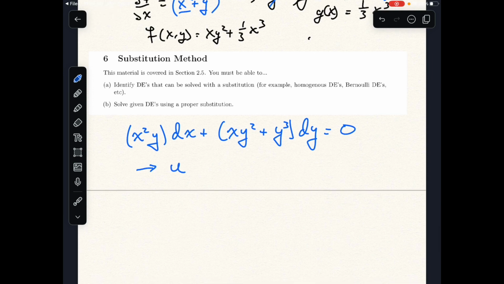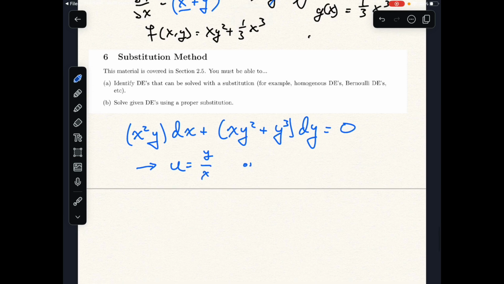So if you do either u equals y over x or v equals x over y, either of these substitutions would reduce this down to a separable differential equation. So you should be able to do that whole separation, separate the u's from the x's or the v's from the y's, or however you do it, and then integrate both sides and proceed.